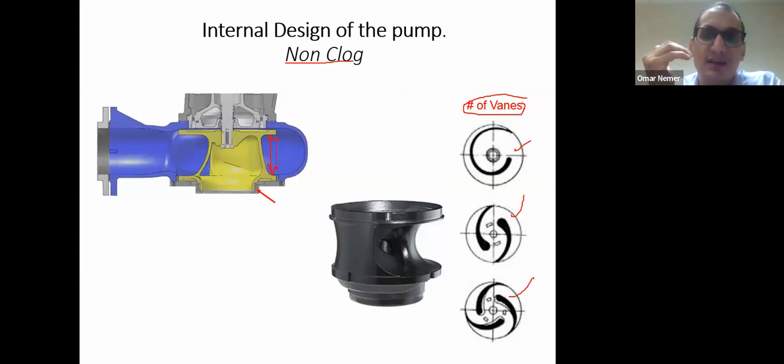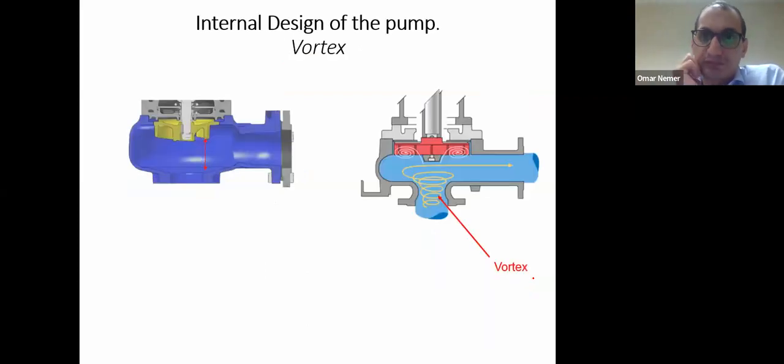Once you increase the number of vanes, you have to make the particles that you can pump smaller, because the passage inside the impeller becomes smaller. So these are the technical design reasons for the efficiency being lower in non-clog submersible pumps.